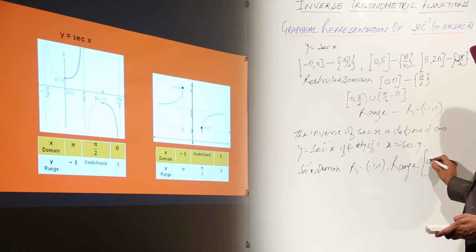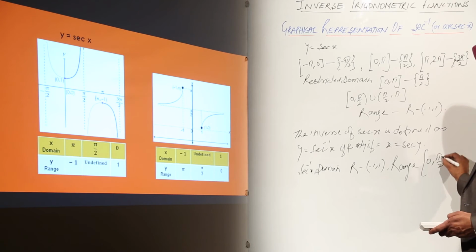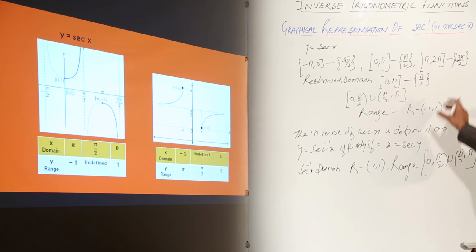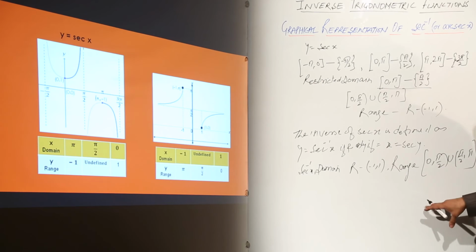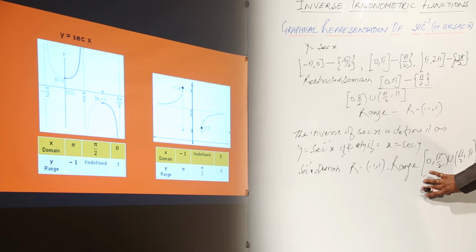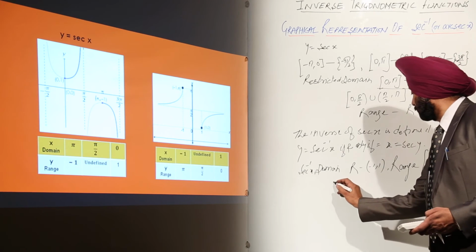We can write it as 0 comma pi by 2 and pi by 2 comma pi, or you can move for this particular part also. So this is the domain, this is the range, and this is also called the principal value.